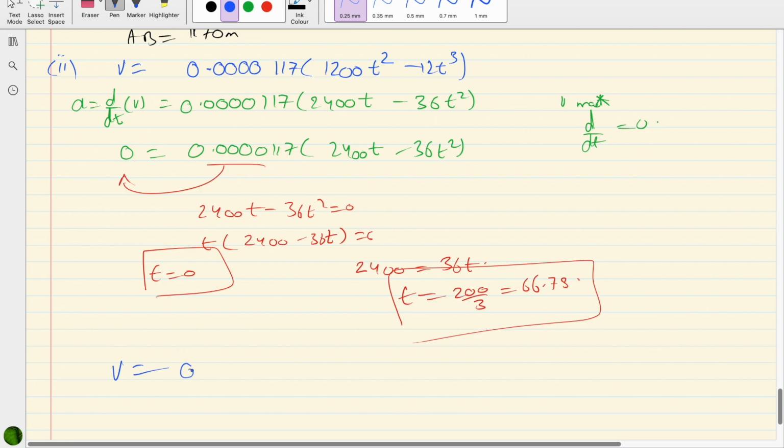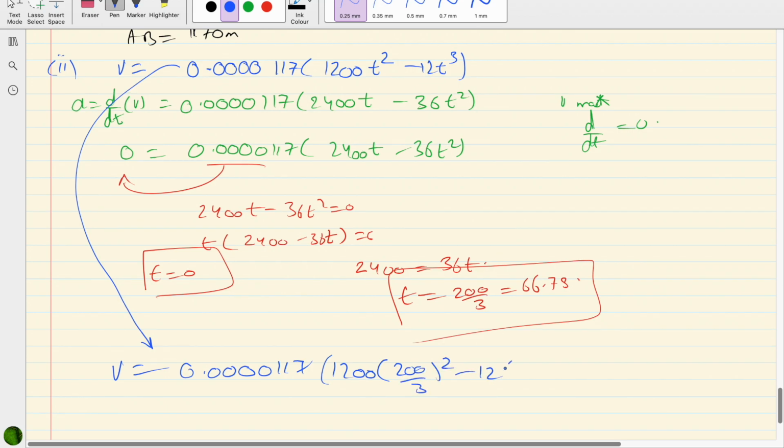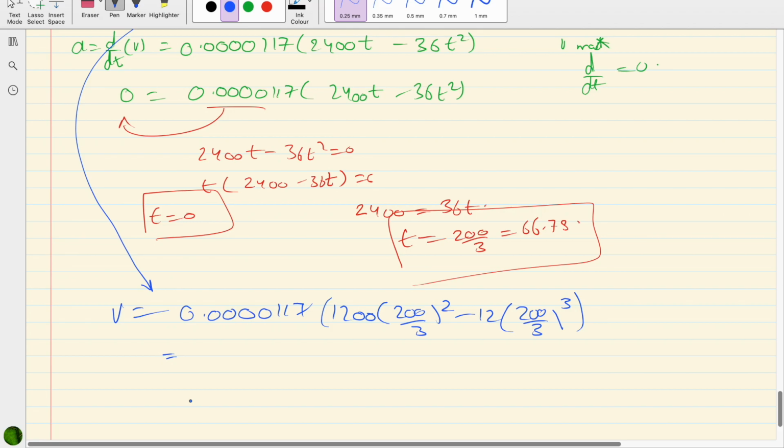So I'm using 200 by 3, copying this equation, plugging in the values: 1/117 times 1200 times 200 by 3 squared minus 12 into 200 by 3 cubed. Using a calculator, this gives me 104 by 5, which is 20.8 meters per second.